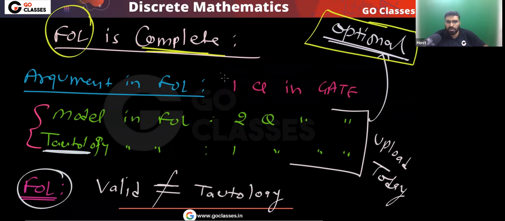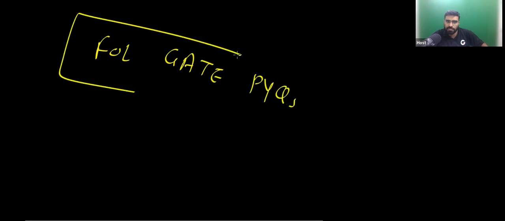Everything else we have already seen. This is the complete coverage. Now you can solve the first order logic questions. Once I upload the remaining topics, you can solve those questions also. So now you can solve the GATE questions of first order logic. First order logic, GATE PYQs, start solving.